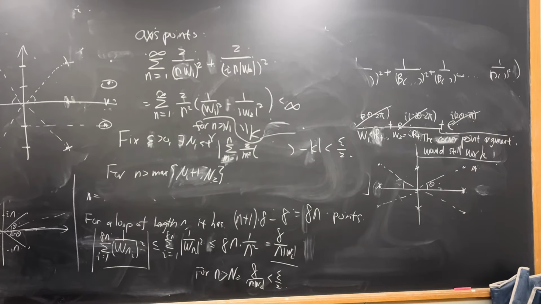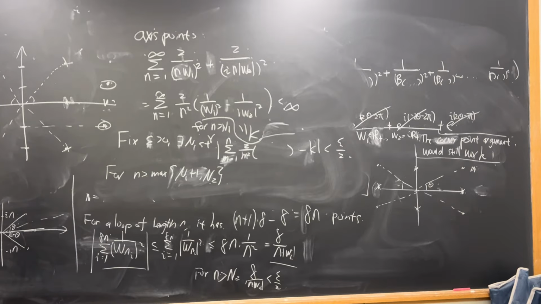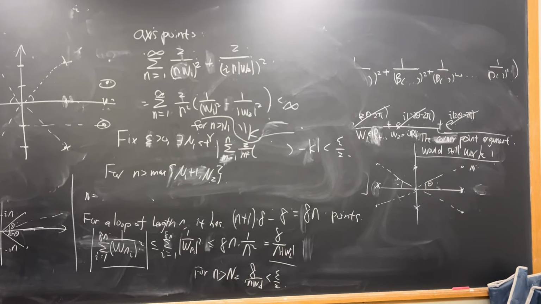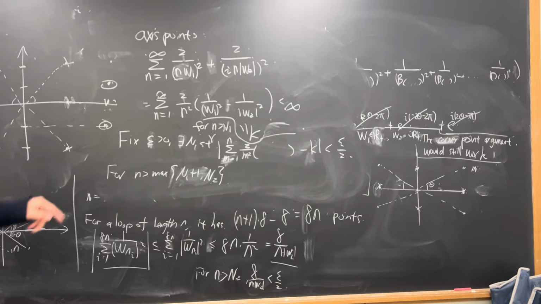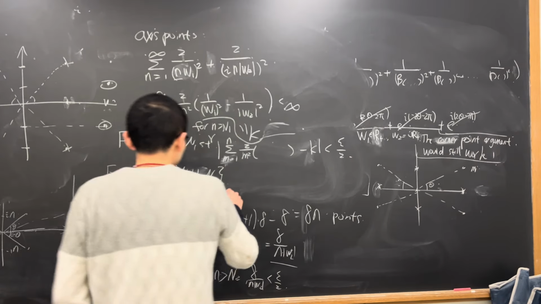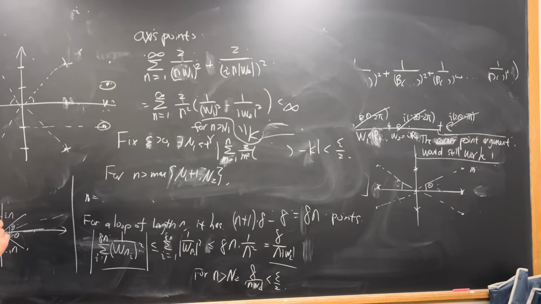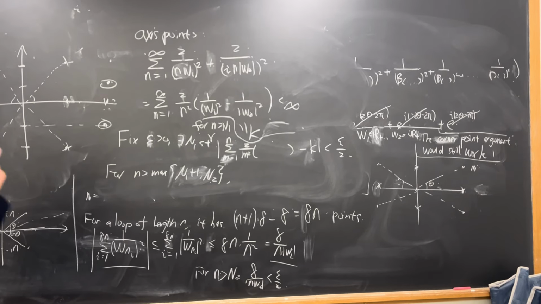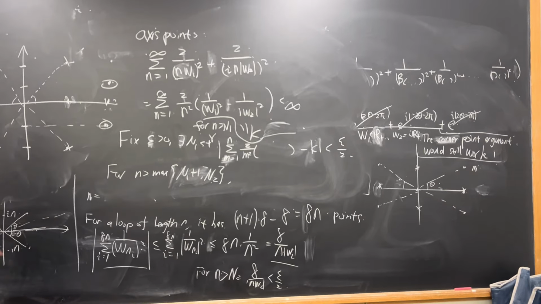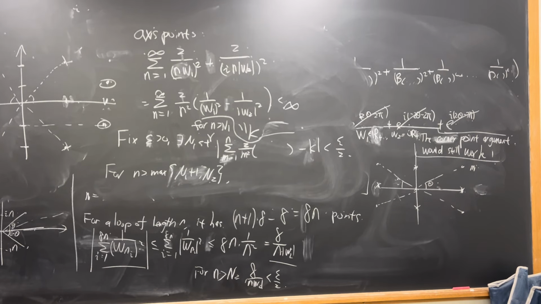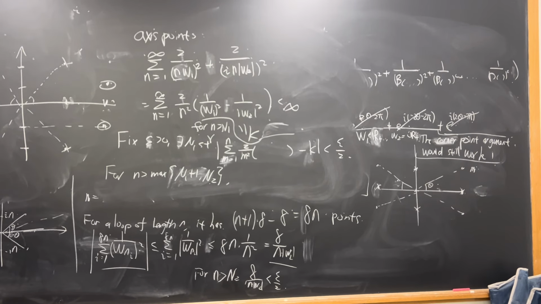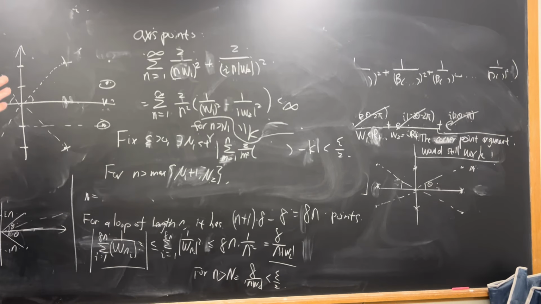Because for any n bigger than this, n bigger than n1 plus 1 means what? Remember that I'm talking about the loops, right?